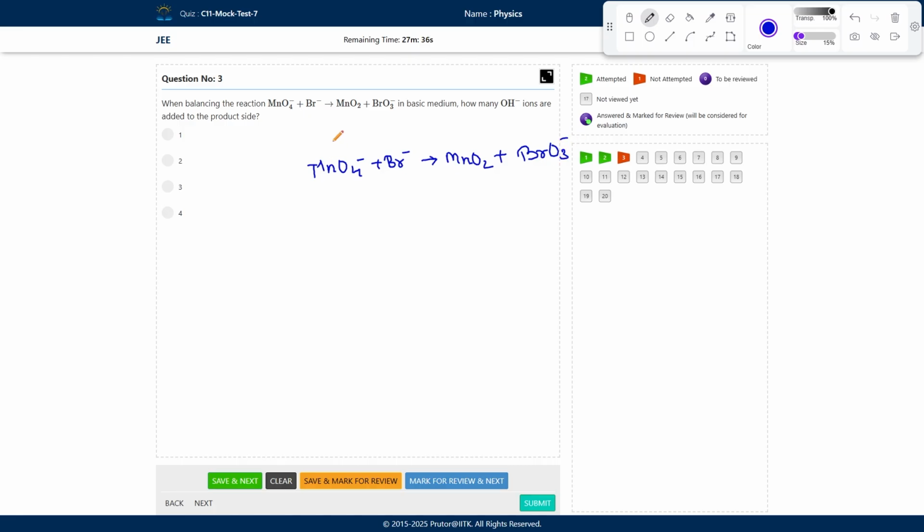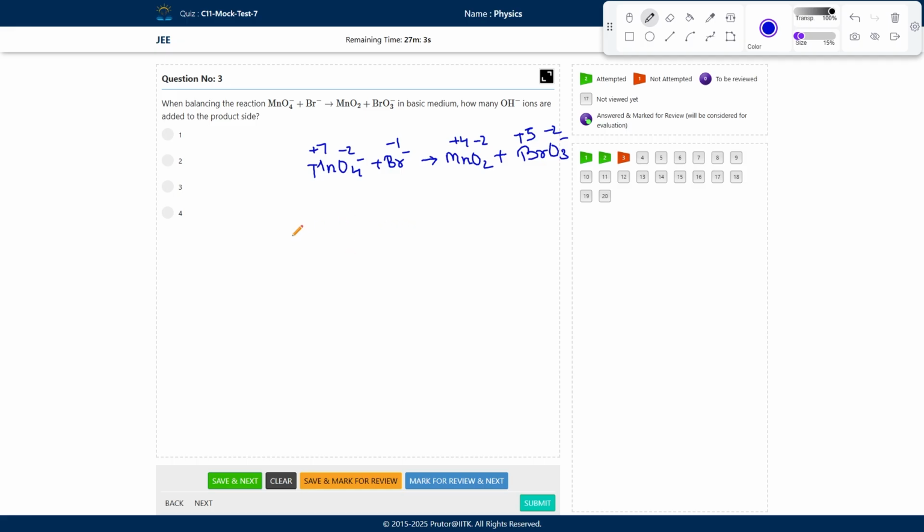Assign the oxidation numbers: plus 7 for manganese, minus 2 for oxygen, minus 1 for bromine; plus 4 for manganese, minus 2 for oxygen, plus 5 for bromine. You can easily say that MnO4 minus is reduced to MnO2, and Br minus is oxidized to BrO3 minus, because the oxidation number is increasing from minus 1 to plus 5 in bromine, and decreasing from plus 7 to plus 4 in manganese.